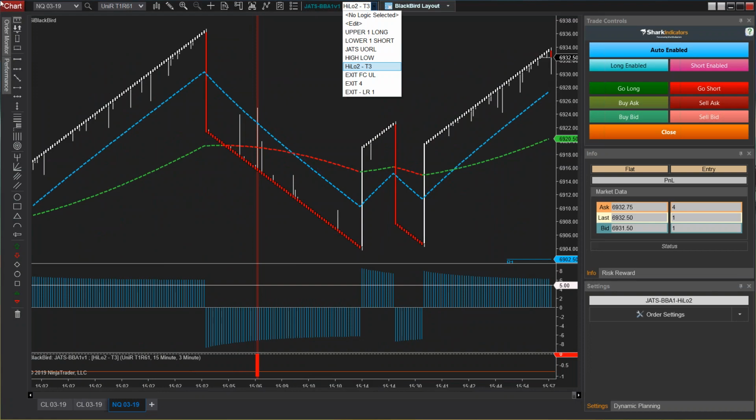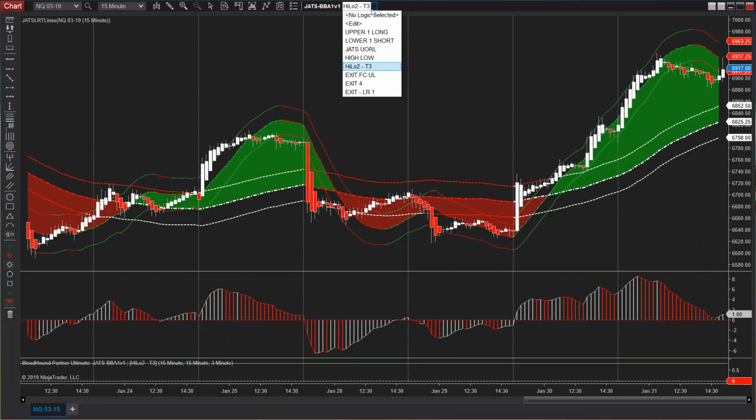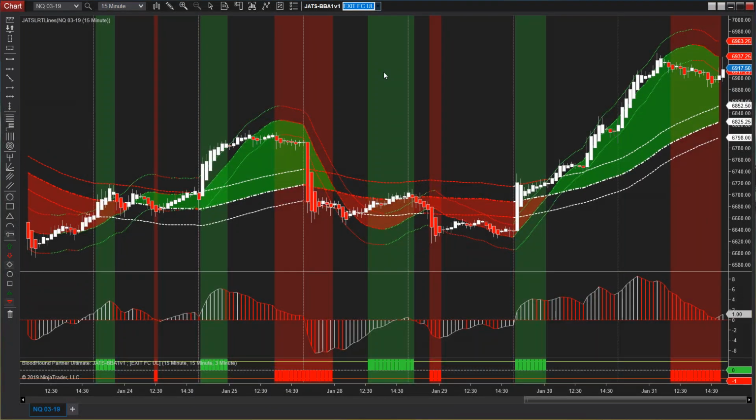I've got some exit signals on here that we can use, a couple of different ones. You've got a fast channel upper, and this could be a scalping template also. So I'll be using this to scalp.